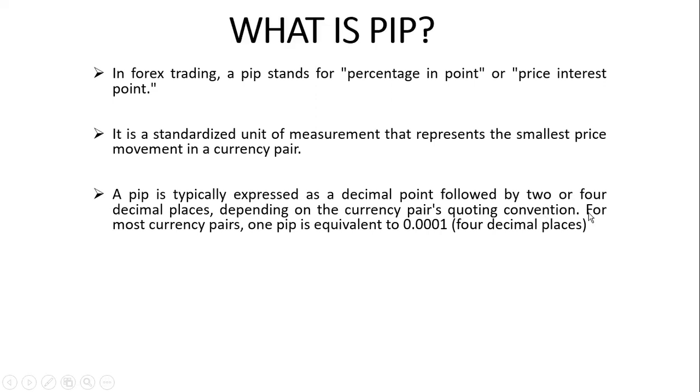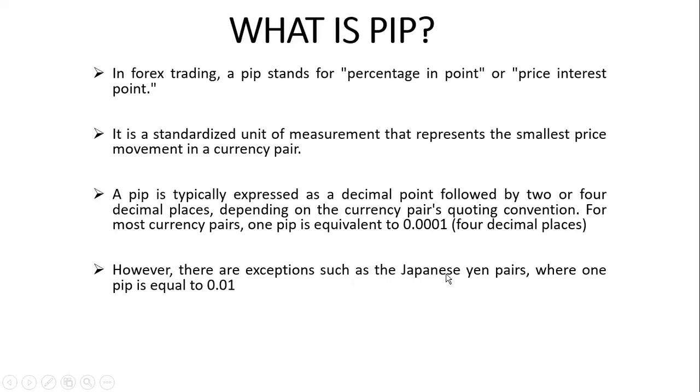Quoting conventions: for most currency pairs, 1 PIP is equivalent to 0.0001. That is those currencies that deal in 4 decimal places. And we also have the other one that we trade in, the PIP running 2 decimal places, which are the yen pairs, the Japanese pairs. We'll be looking at them very shortly.